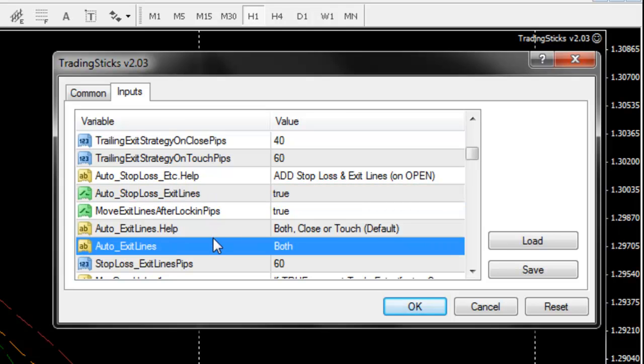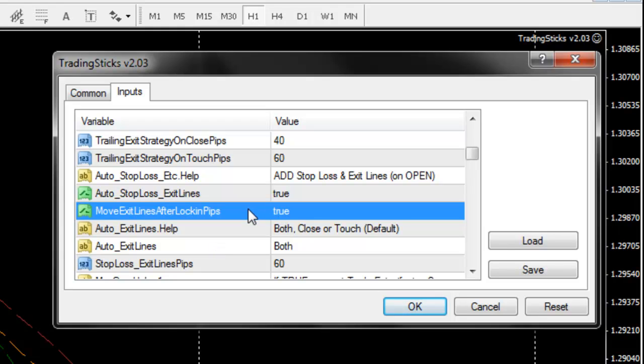The next question is, do we want TradingSticks to automatically add the exit on touch, exit on close, or both when we add our stop loss line? Because I want to run both on touch and on close at the same time, I'm going to add them automatically. So when the trade opens, 3 lines will be placed on the chart. That will be the stop loss line, the exit on close, and the exit on touch.